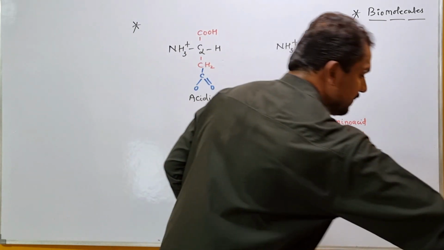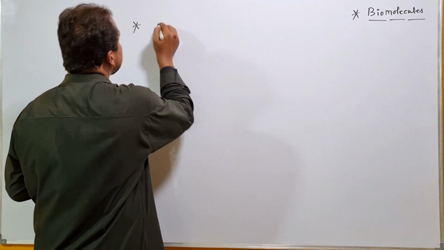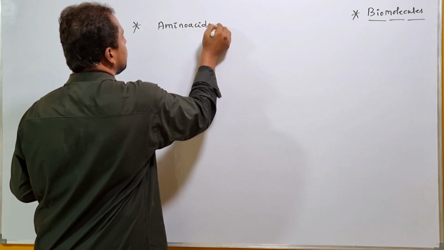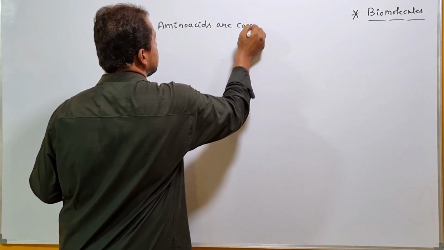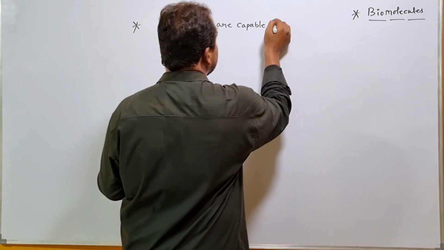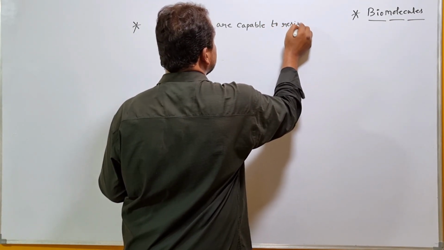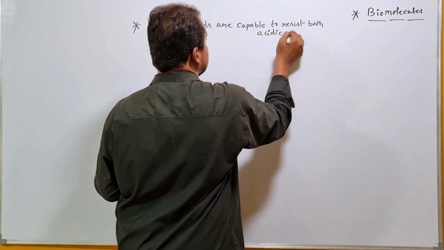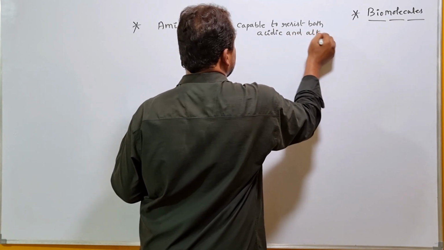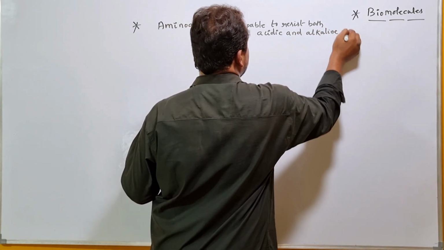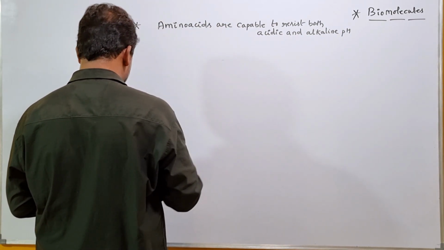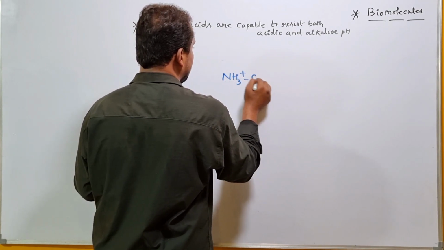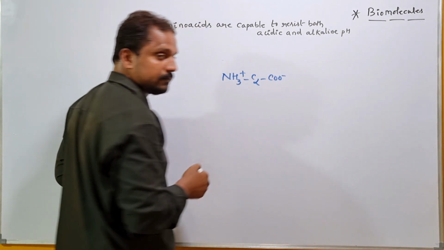So let me arrange the things here. As I have already mentioned, amino acids are capable of resisting both acidic and alkaline pH. So let me show it on the board. Is it clear?